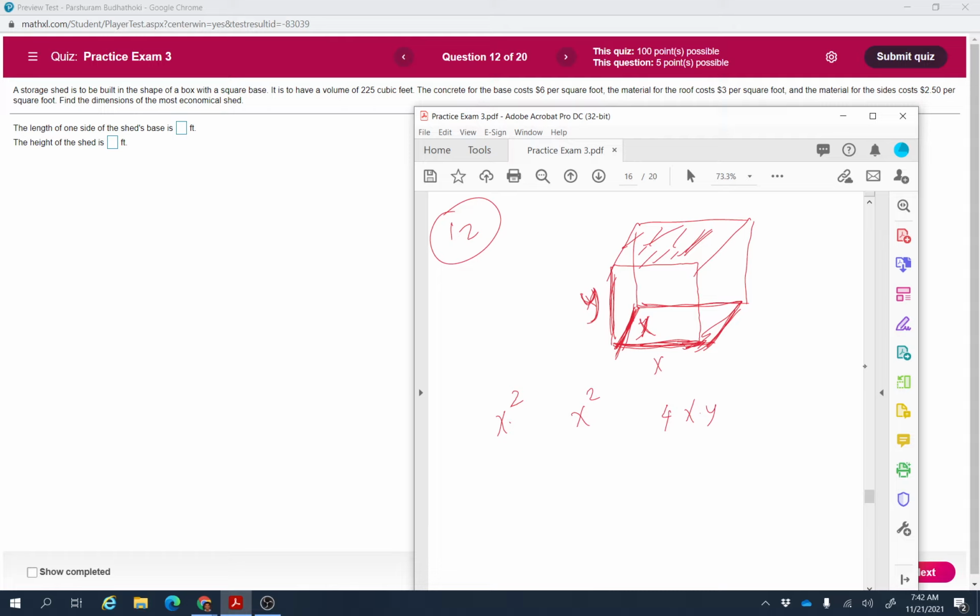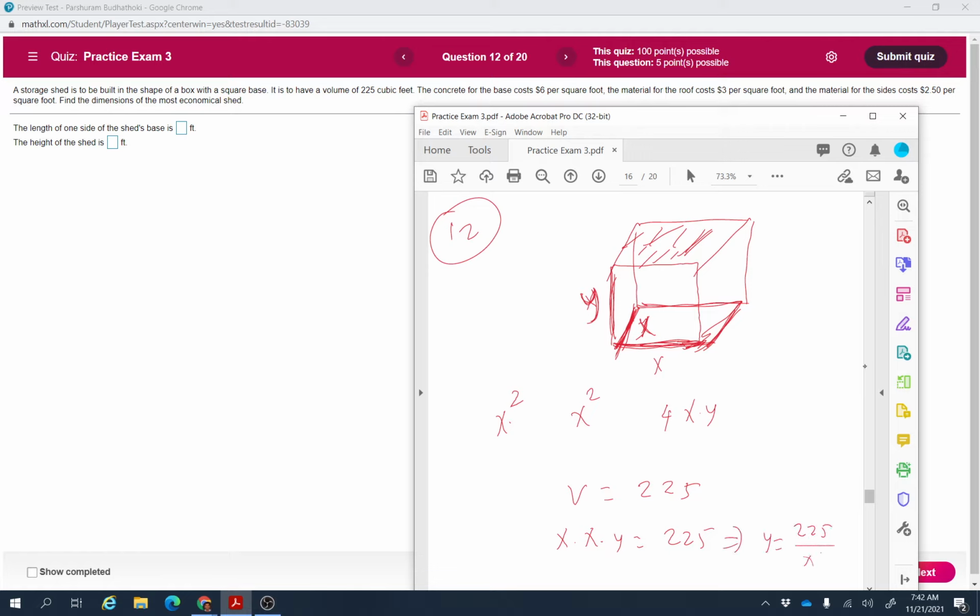Now if you see the relation between x and y, the volume should be 225. The volume is x times x times y, because one side is x, another side is x, and another side is y. That gives us the relation between x and y.